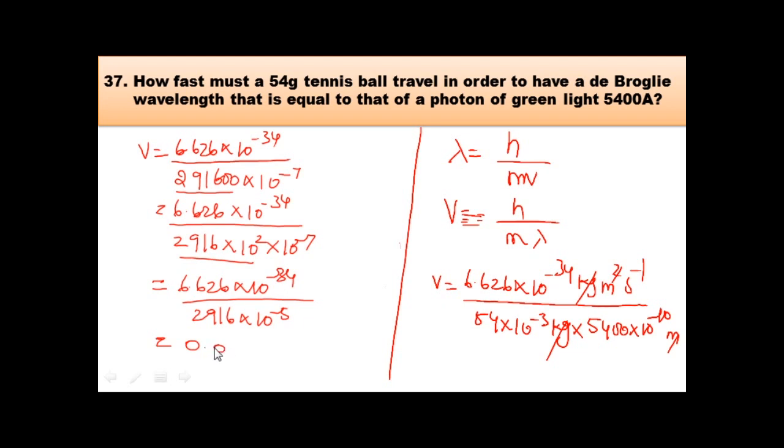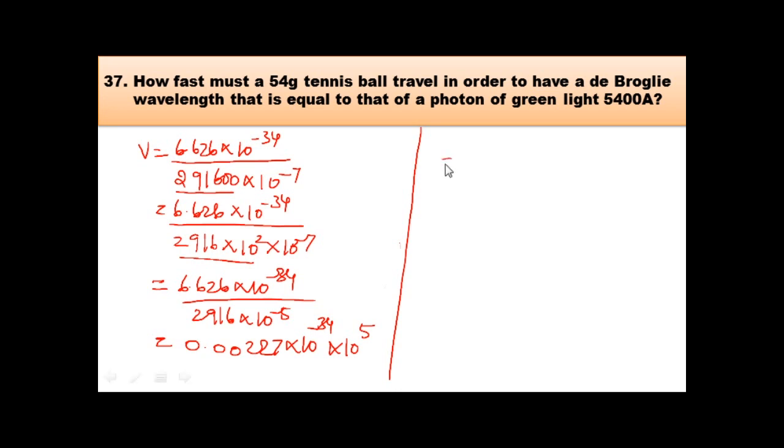So 0.00227 into 10 power minus 34 and then 10 power plus 5 is equal to 0.00227 into 10 power minus 29. So finally the velocity is equal to 2.27 into 10 power minus 32 meter second inverse. So this is the answer.